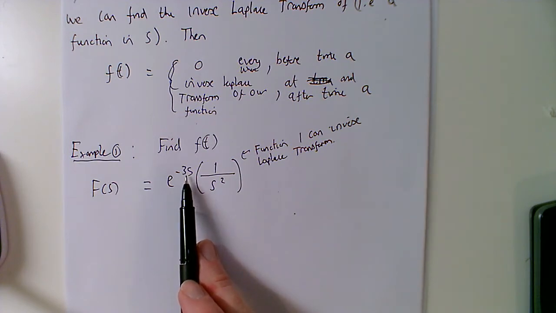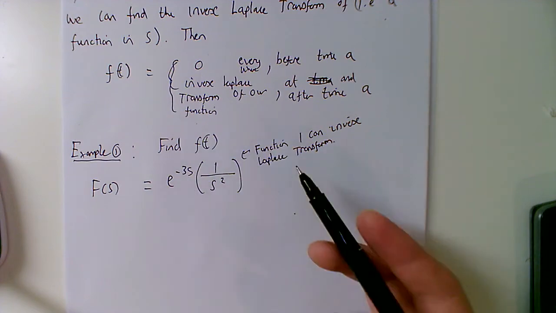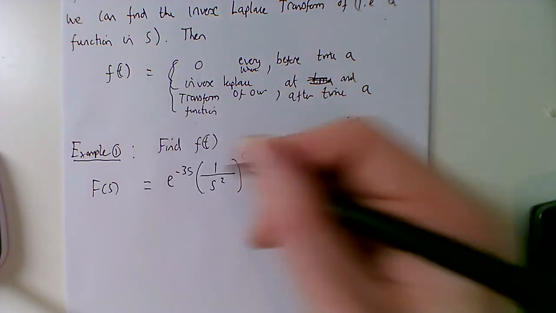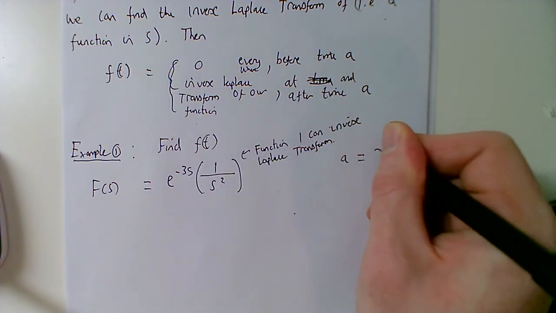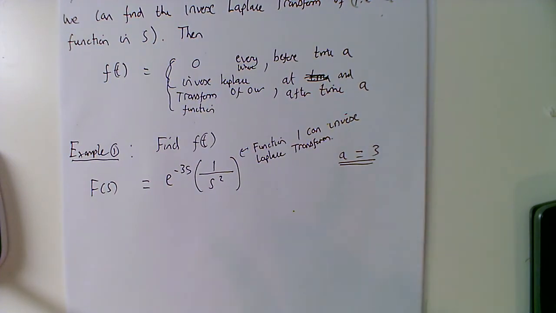Now our exponential has negative 3 in front of it, which tells me that a equals 3. So that's the time at which my impulse occurs, or starts occurring.